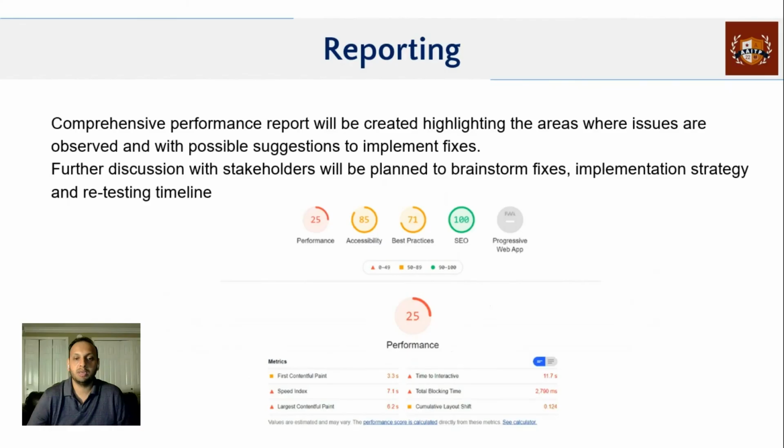So there are some areas where it says it's slightly higher than what it should be. And once you expand these, you will be given much more detailed explanation about what it is and how it can be improvised. So this is one of the snapshots from Lighthouse.